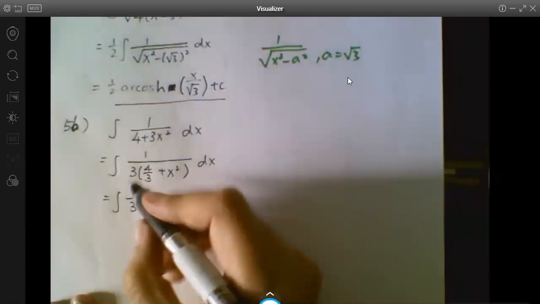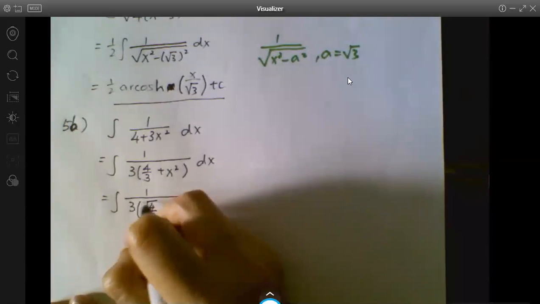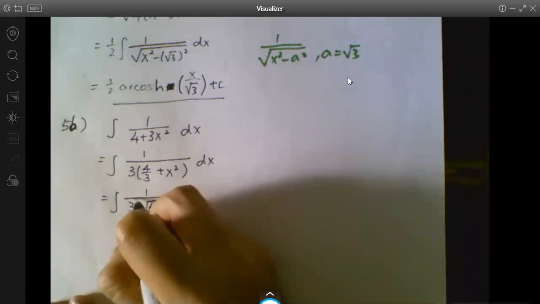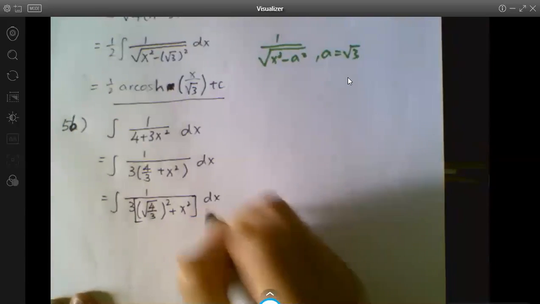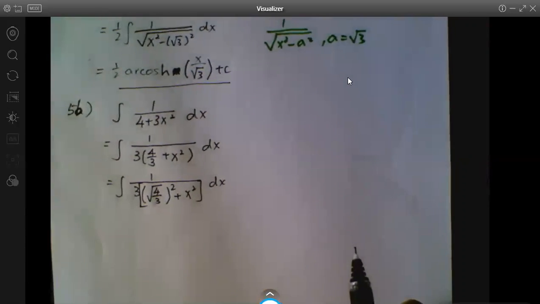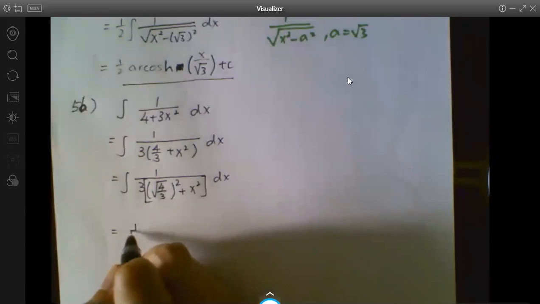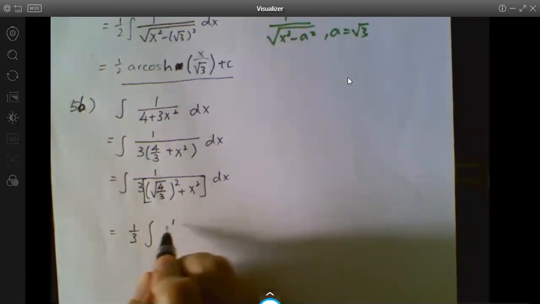You can do this. Take out 1/3. Square root 4 is 2.